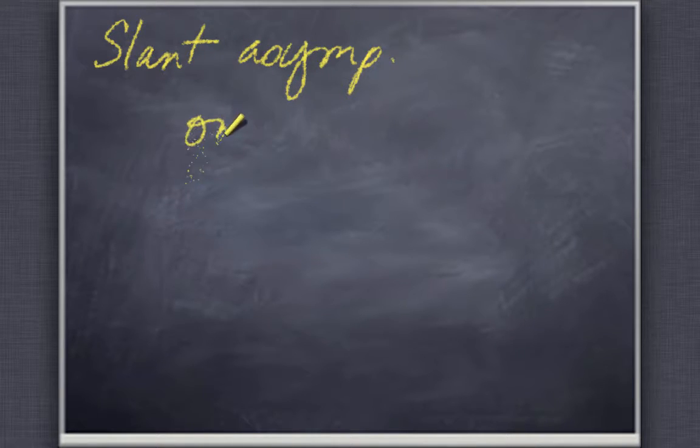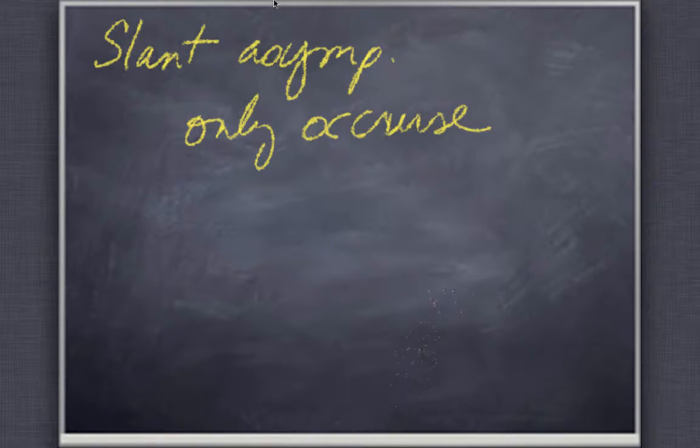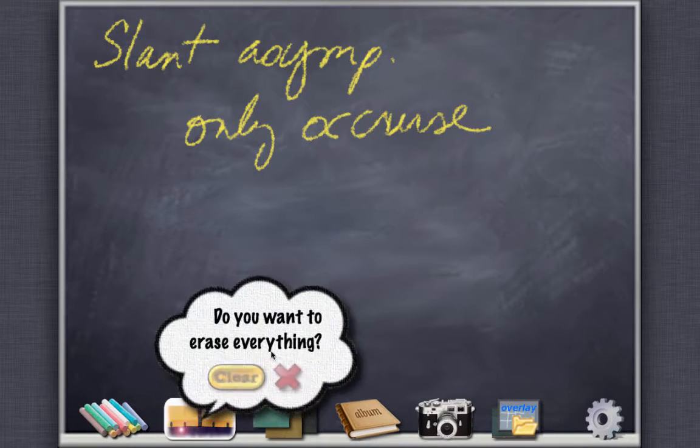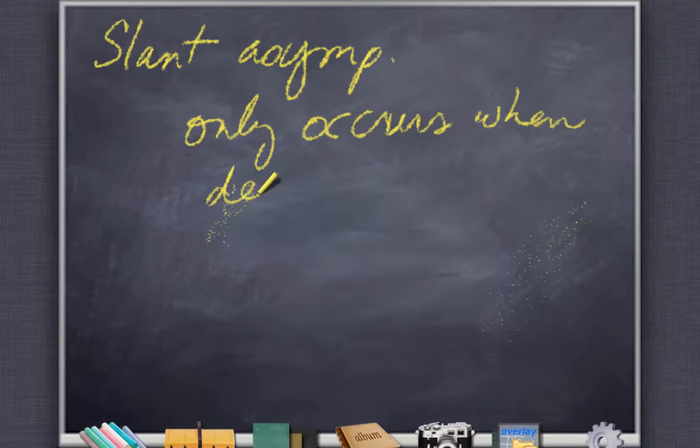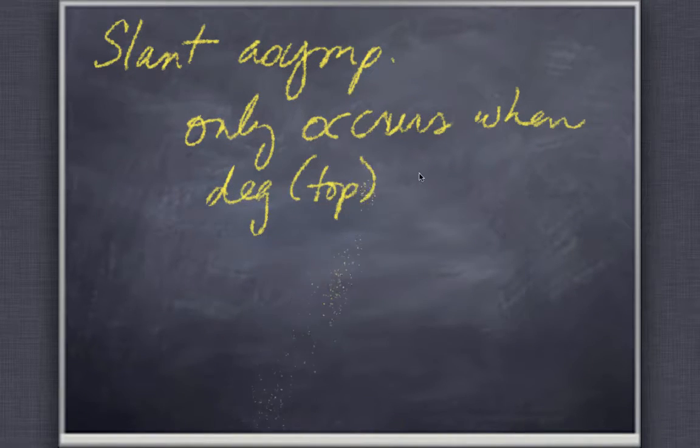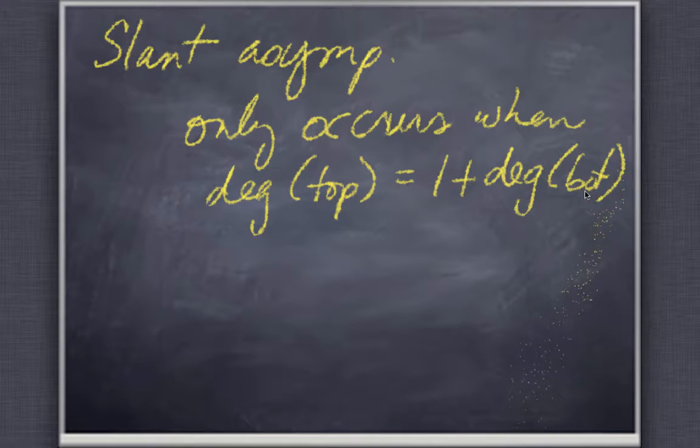This only occurs when the degree of the top is 1 bigger than the degree on the bottom. So remember, if it's bigger on top, there's none, but if it's bigger on top by 1, then there's slant. And the way you find this one is by dividing, straight dividing.